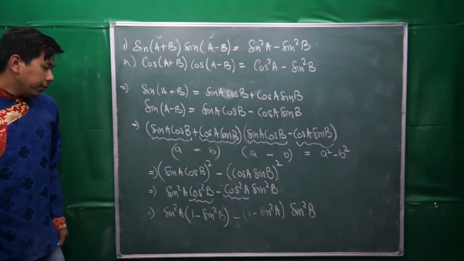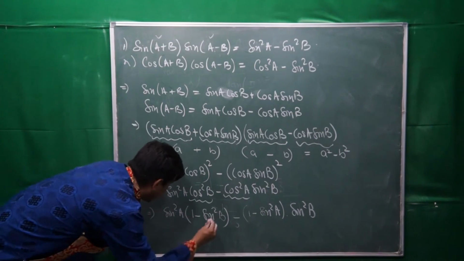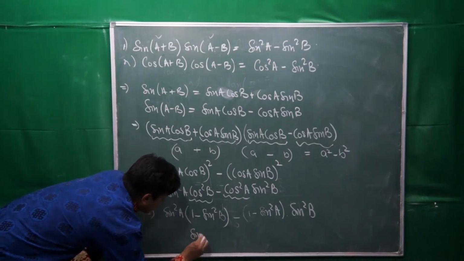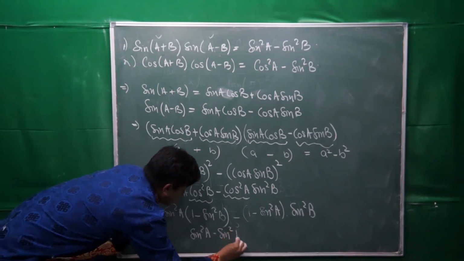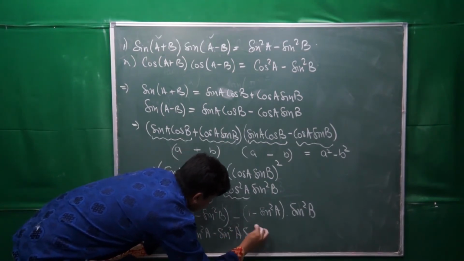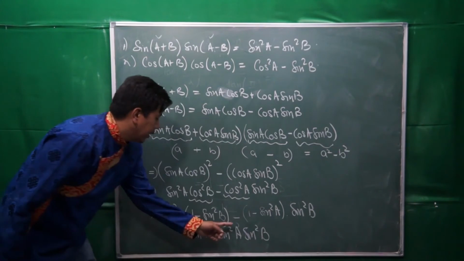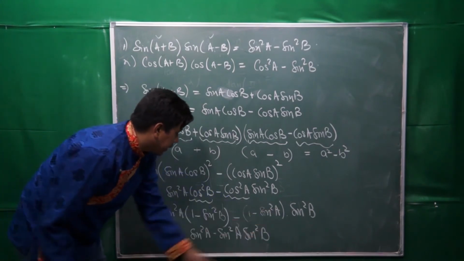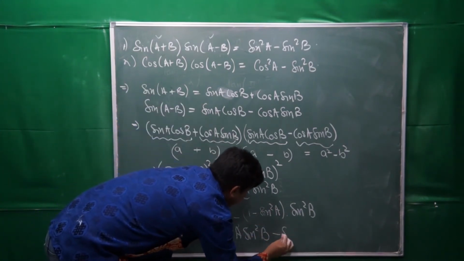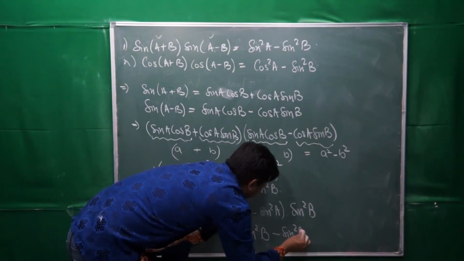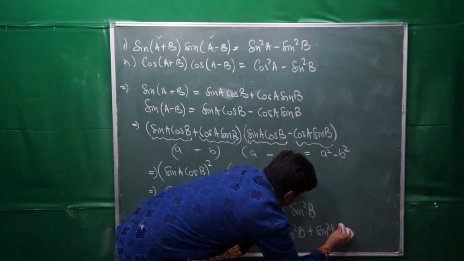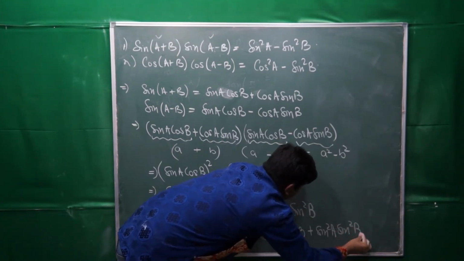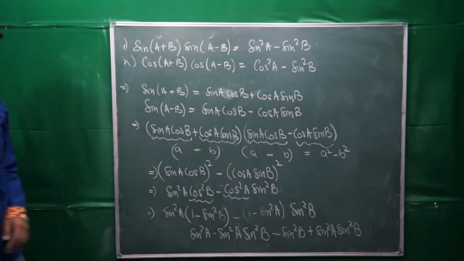Now you open the brackets and multiply it. You're going to get sin²a minus sin²a sin²b. Negative to be multiplied, then you're going to get minus sin²b plus sin²a sin²b.